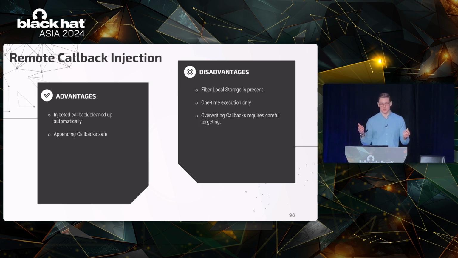The disadvantages, though, is we need to know that fiber local storage is already present in that remote application, which in most cases you'd assume it was, but we can still check for this. On top of that, it's a one-time execution method only because the application, as soon as it's triggered the callback, will clean it up. And if we are overwriting callbacks, we need to be careful which callbacks we overwrite so we don't introduce instability or crashes.